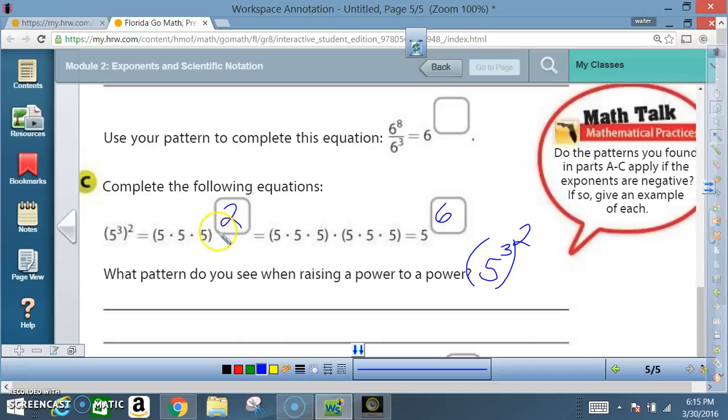Okay, now there's got to be a faster way to do this than having to write this out every single time. All right, so now what's the fast way? All we have to know is that when we're raising a power to a power, we simply multiply. What's 3 times 2? 6. So 5 to the 3rd raised to the 2nd equals 5 to the 6.